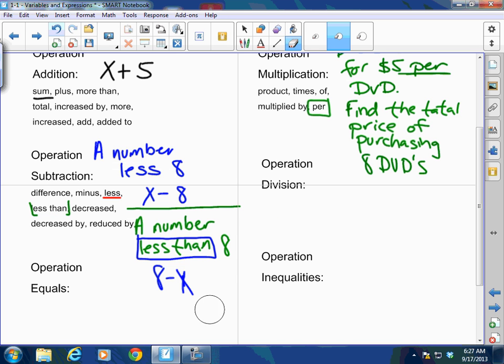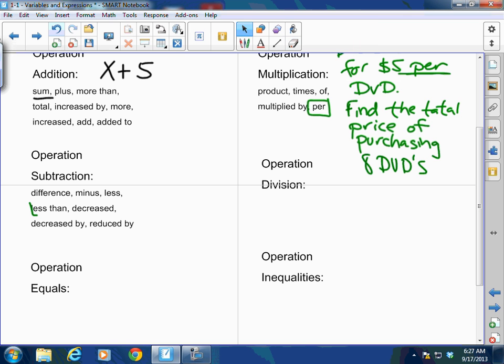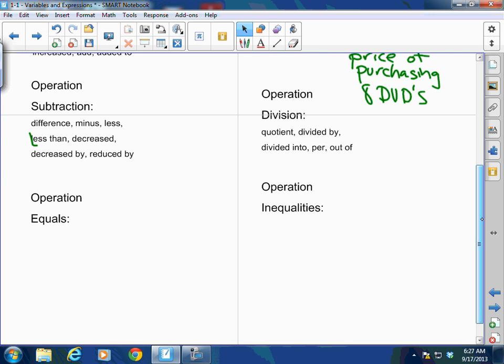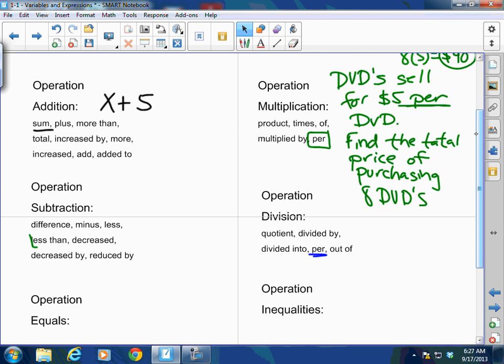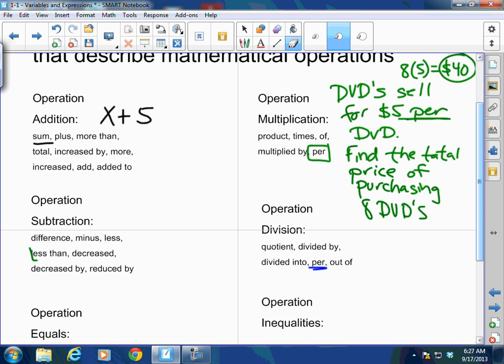Okay, let us continue. Division: quotient, divided by, divided into, divided, per, out of. Let's look at the per for division. Let's pretend that we have the same example, where DVDs sell for $5 per DVD.